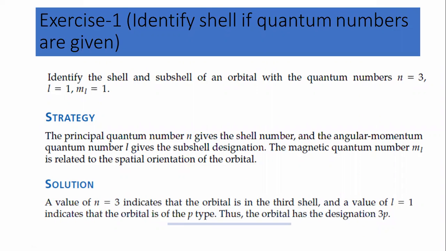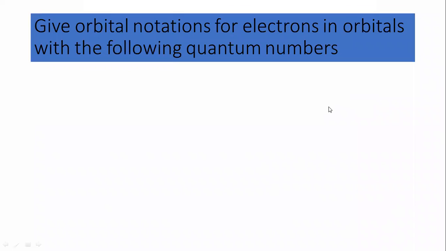So in this way you can now designate the shell or the subshell if the information about the quantum numbers is given, like in this case. So now I'm going to ask you. Don't be shy when you are going to answer. Even if it is wrong, you must answer, so I may correct. So these are a few of the examples.